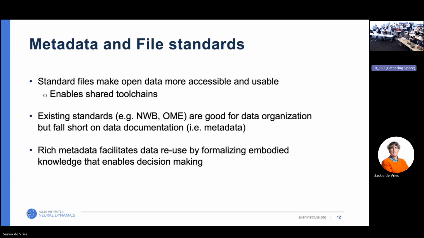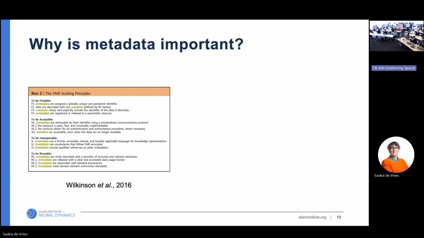So just real briefly to illustrate this, those of you who are familiar with open science have probably heard about the FAIR principles about data being findable, accessible, interoperable, and reusable. If you look at the paper that introduces these principles, one thing you'll notice is that all of these principles really come down to having rich metadata to document data.